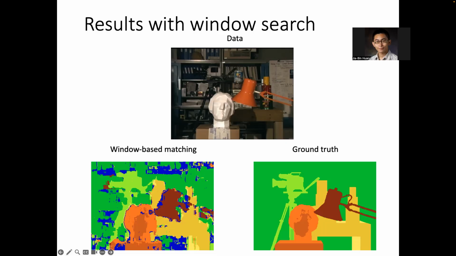It's a fundamental thing about the world that things are locally constant. If you look at the depths, the chair and table are here and locally similar. So this is the prior knowledge that we know about our depth map.